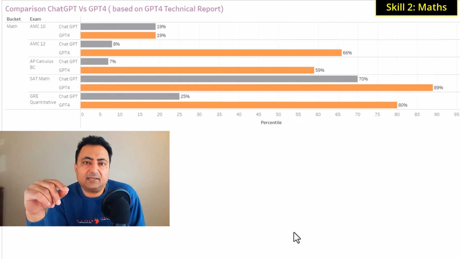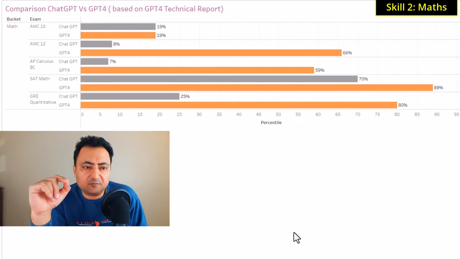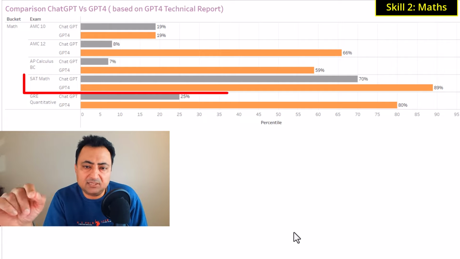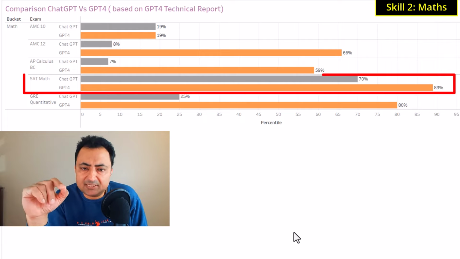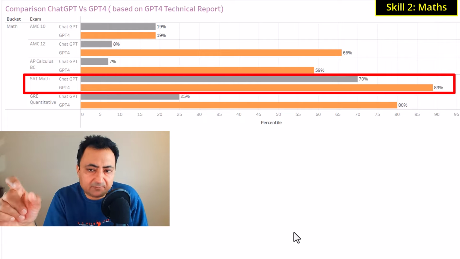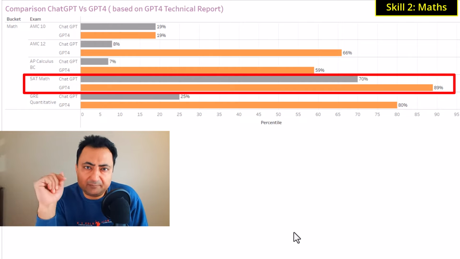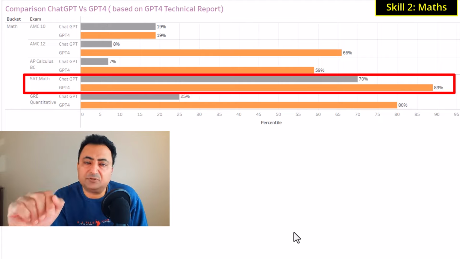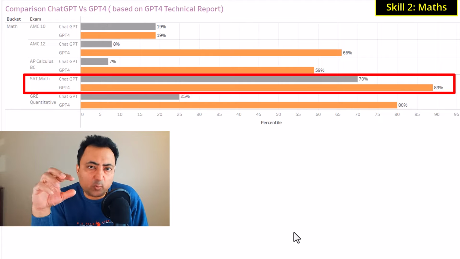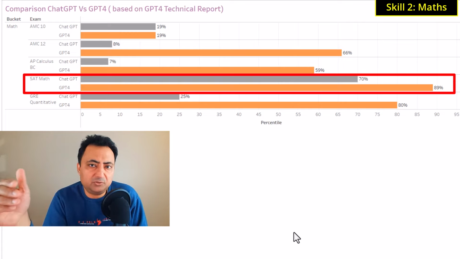The second thing that I believe is important here is the performance on SAT maths. If you look at SAT maths, ChatGPT doesn't do a bad job. It's at 70%. GPT-4 does a better job at 89%. And I believe the reason for this is algebra. ChatGPT does well in algebra. And why is algebra important? Because in most of our use cases, we just want the models to be able to add, subtract, and divide.